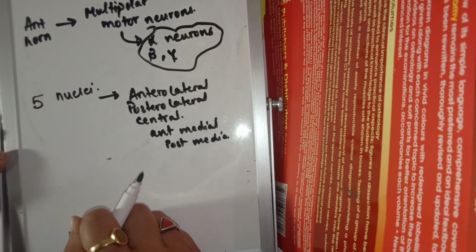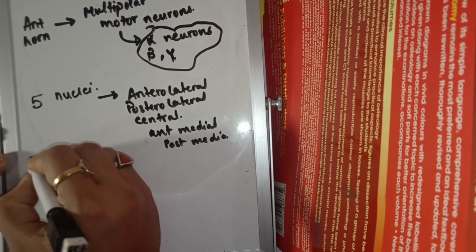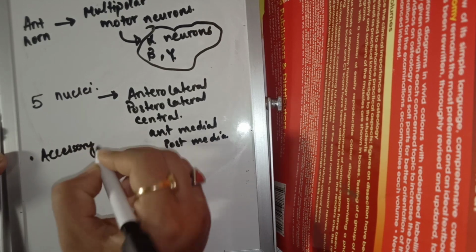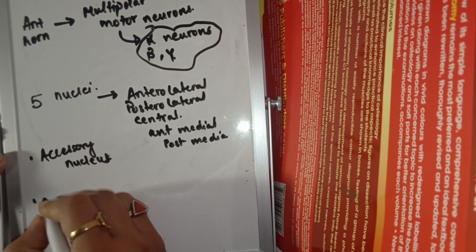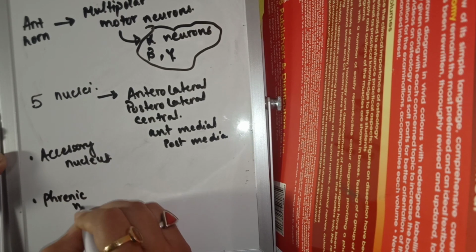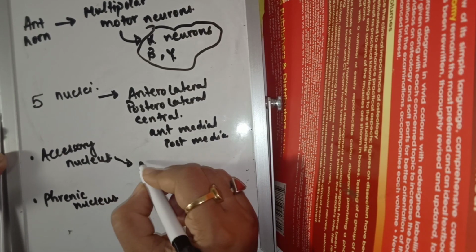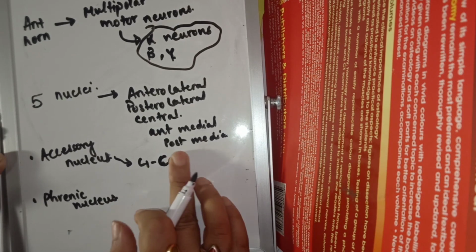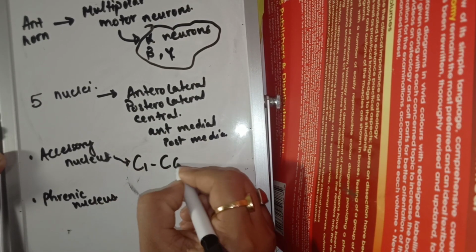So you can easily remember these 5 nuclei of the anterior horn. Now there are two main nuclei found here: the accessory nucleus and the second is the phrenic nucleus. The accessory nucleus starts from C1 to C6, right?